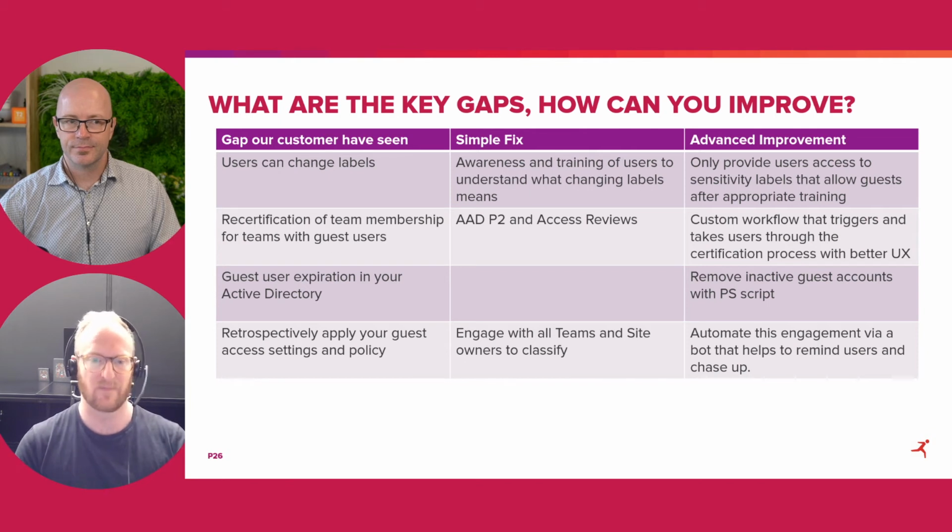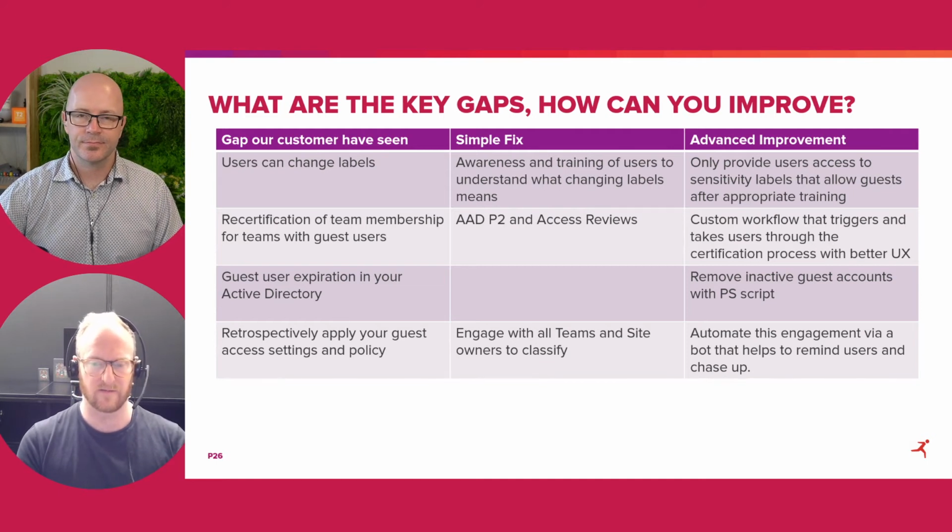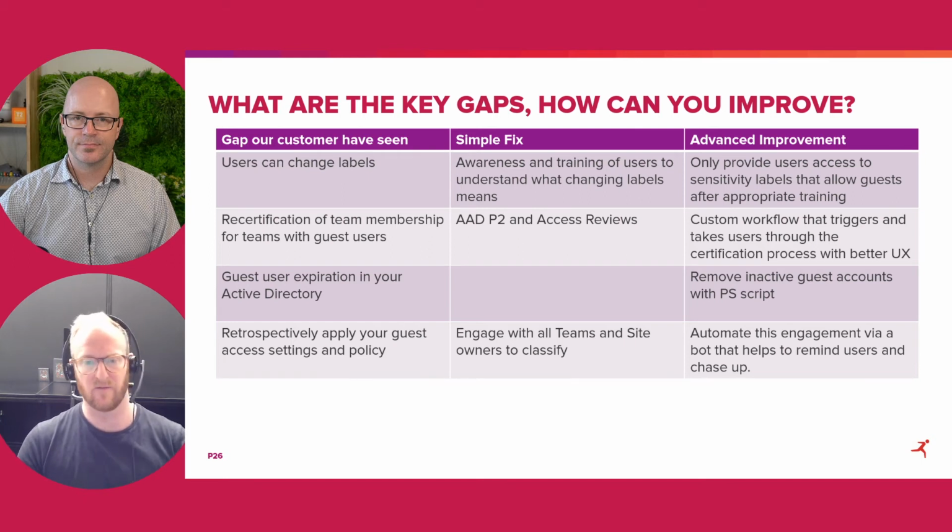How do you get them to be compliant with this new policy? Because if you're turning on guest access for the first time and they don't have sensitivity labels set, they will be able to add guest access, etc. So you need to work with that, understand it. It's also highly relevant when you've got different services with different requirements. For your teams, you might want that enabled, but actually you don't want people inviting guests to SharePoint sites, or vice versa.